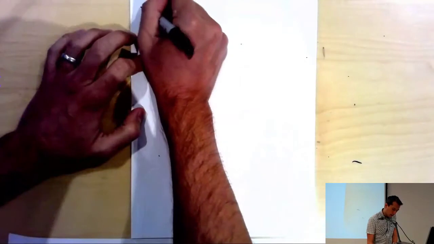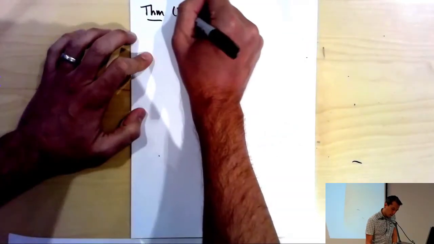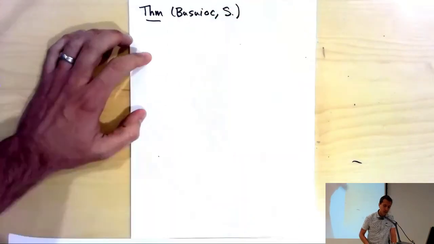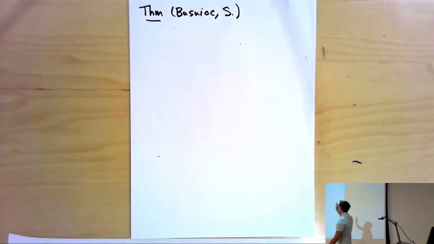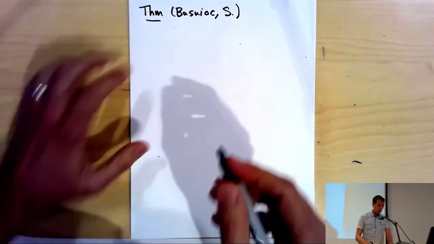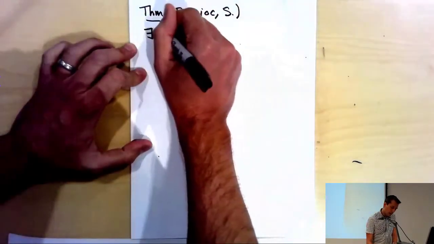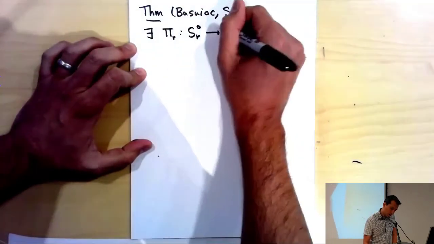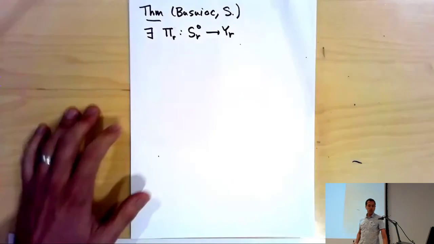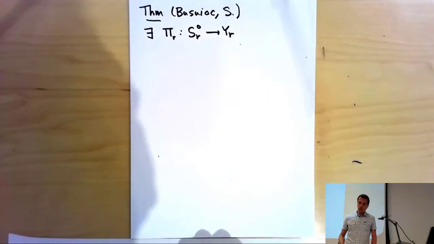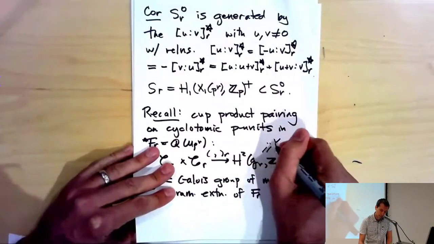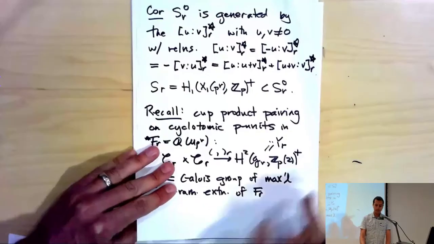Okay, so here's a theorem. Simple one, but it's very interesting. Independently by Busuioc and myself, there exists a map pi r from SR naught to YR. Let's call this thing YR so I don't have to write it again.